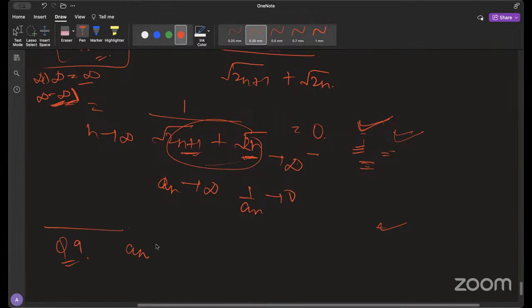So we have an, one sequence, and bn, another sequence.